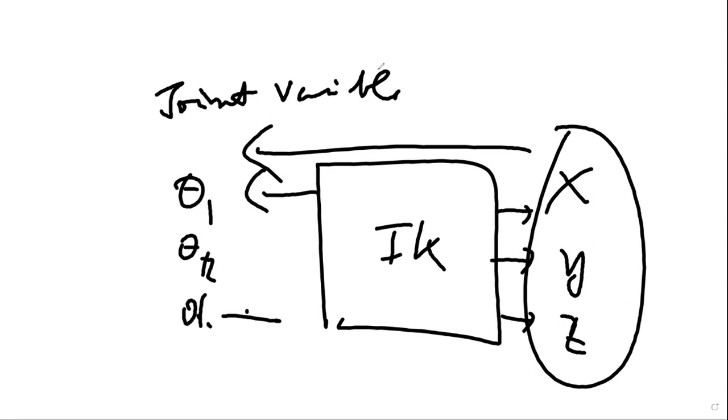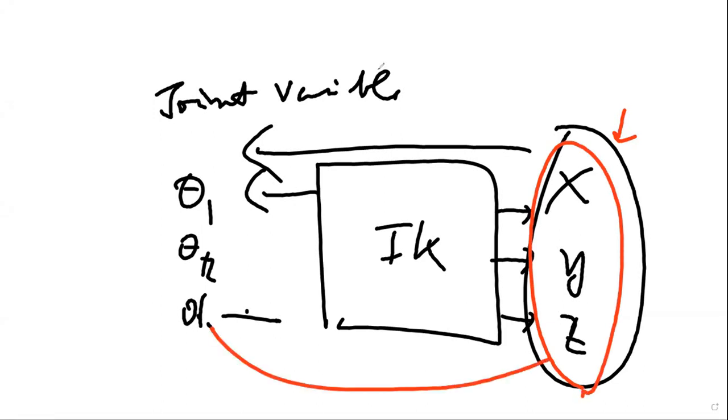In forward kinematics, you control your joint variables and you get to some XYZ. In inverse kinematics, you want to drive a car to a certain location or at a certain speed. How can you find the required joint variables that would guide your robot arm to that location? That's the main idea of inverse kinematics.